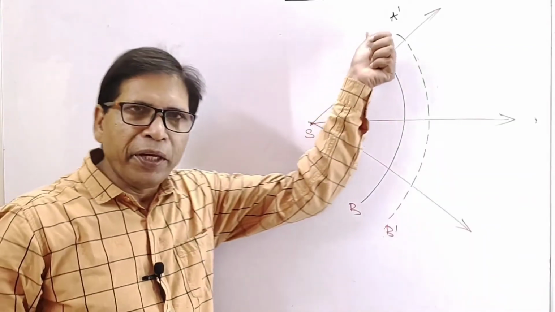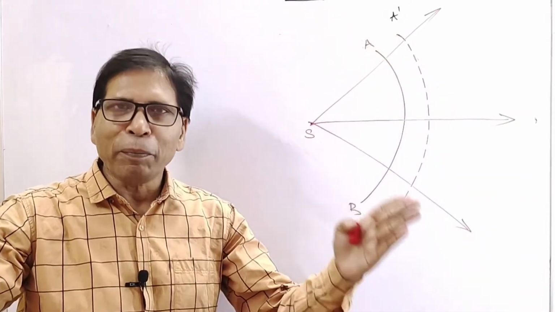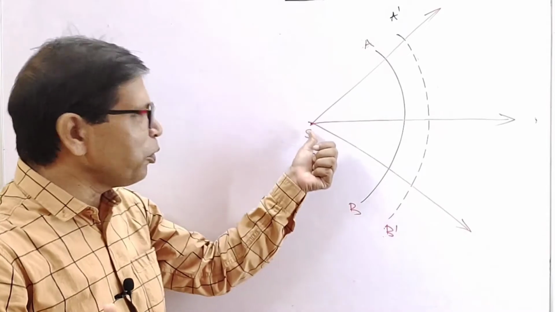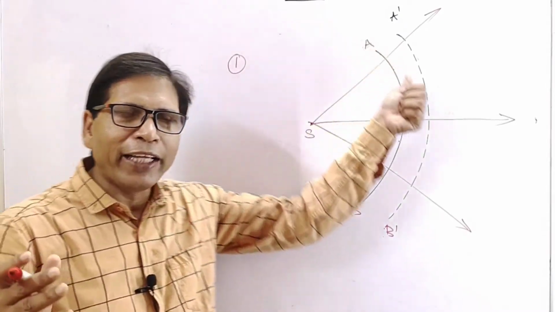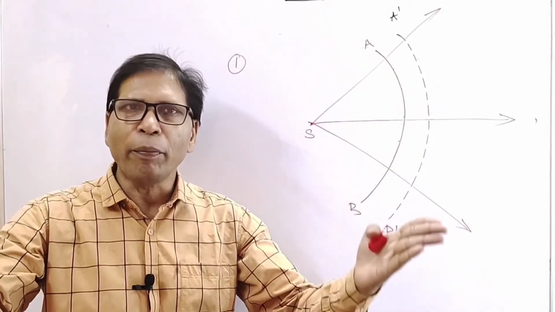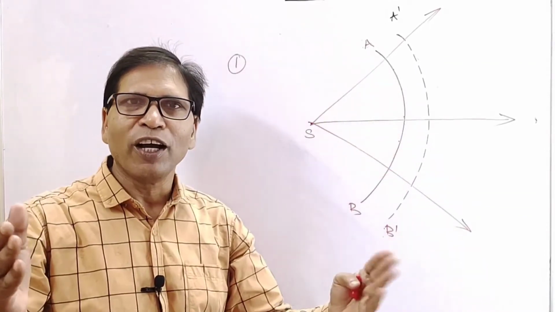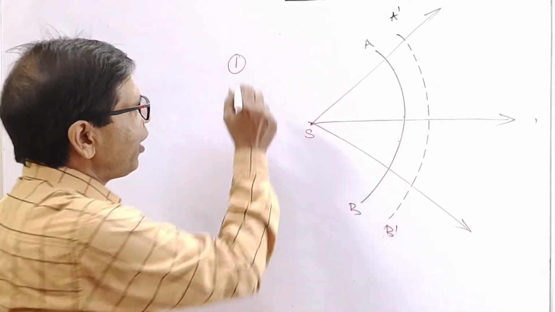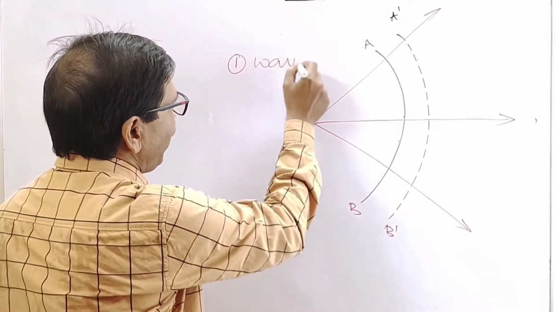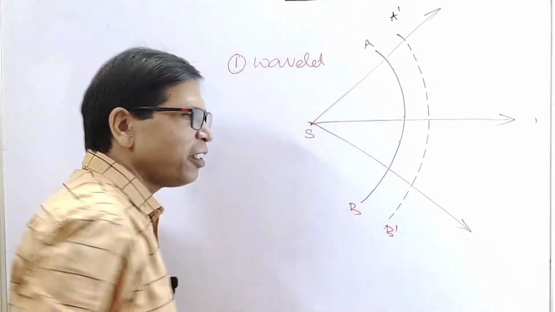Okay, now propagation of light wave with the help of Huygens' theory. AB is part of a primary wavefront. According to Huygens, each point of AB acts as a secondary source called a wavelet. So number 1 is wavelet.